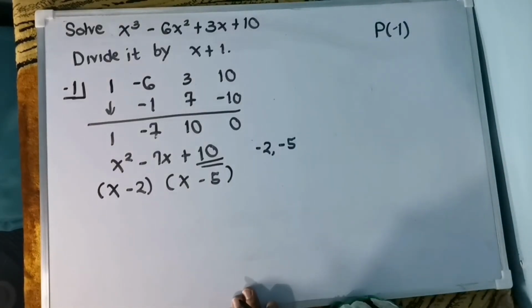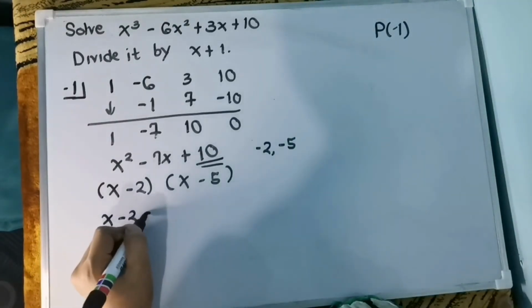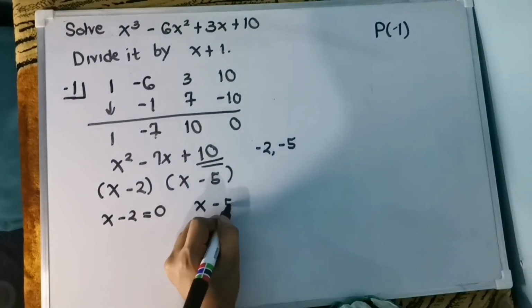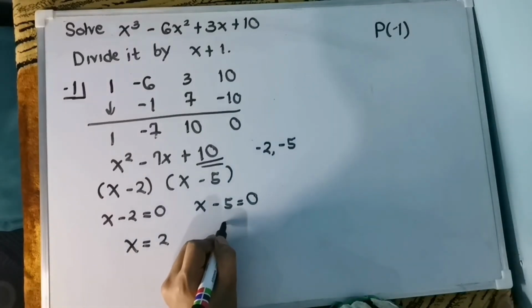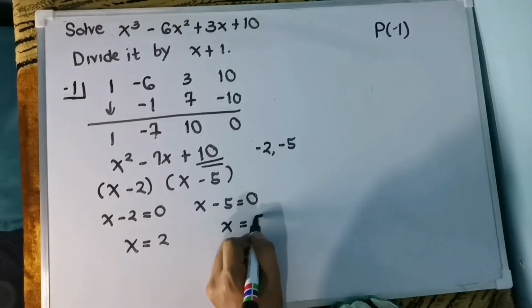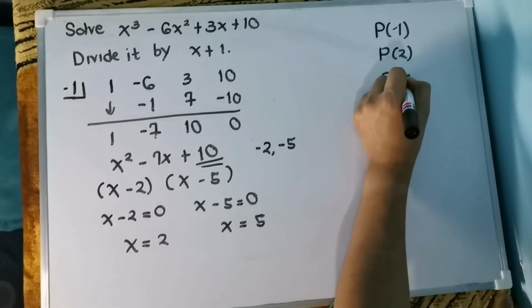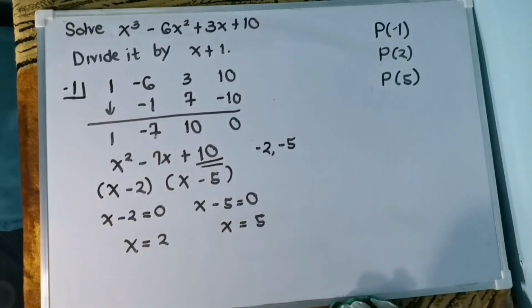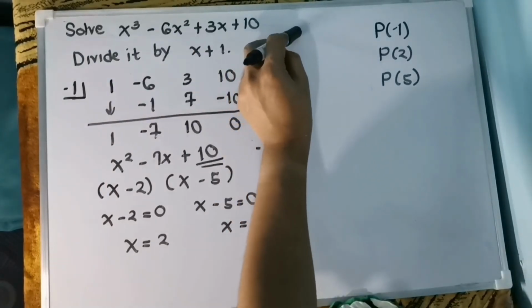And then, using the zero product principle, we obtain the roots of the polynomial equation: x minus 2 equals 0, and x minus 5 equals 0. So we have x equals 2 and x equals 5. So we have here p of 2 and p of 5. Meaning, when we substitute negative 1 into p, the result will be 0.